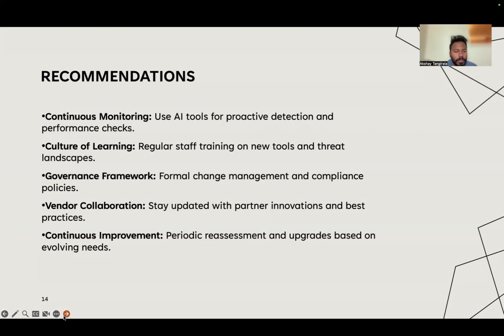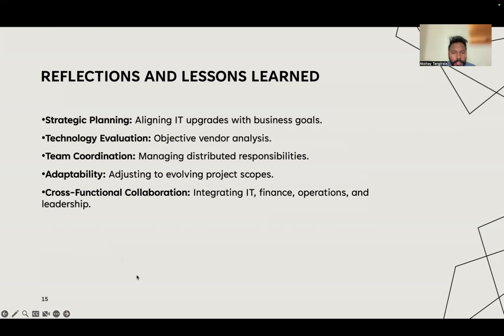And coming to reflections and the lessons learned. This project was a significant learning experience. We improved our strategic planning by aligning technology to business goals. We learned to critically evaluate vendor offerings beyond marketing, and working as a team taught us how to manage diverse roles and responsibilities under tight deadlines.